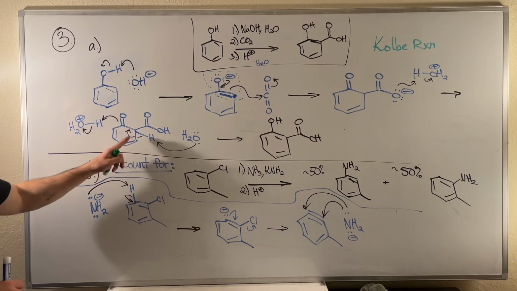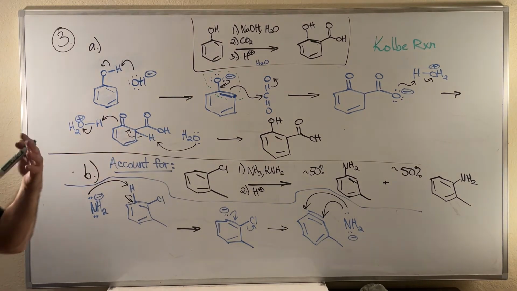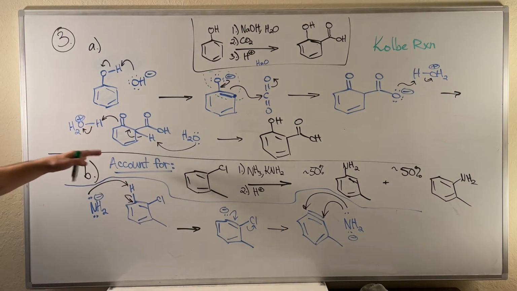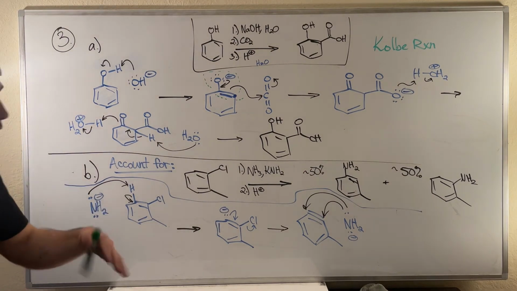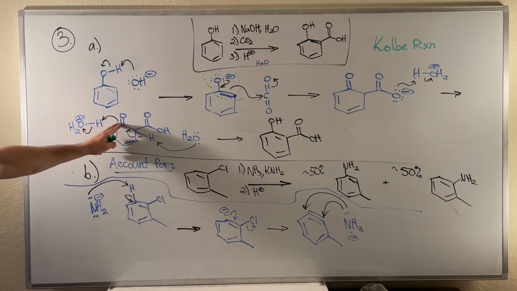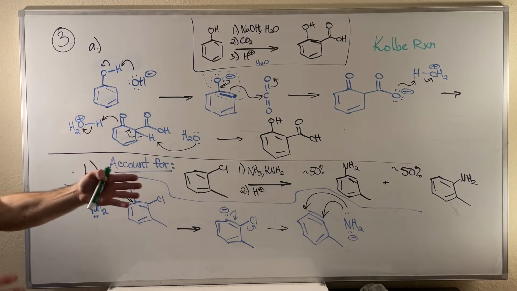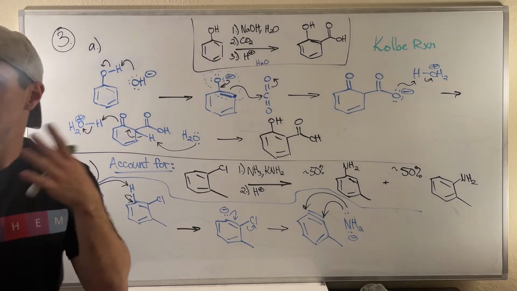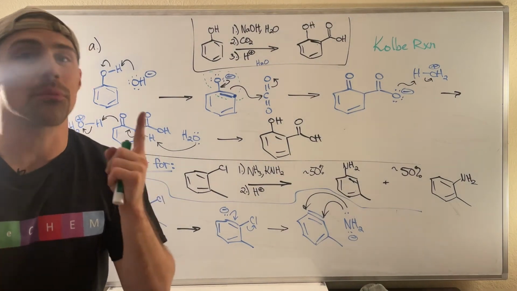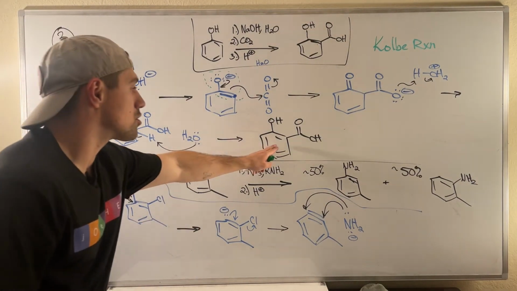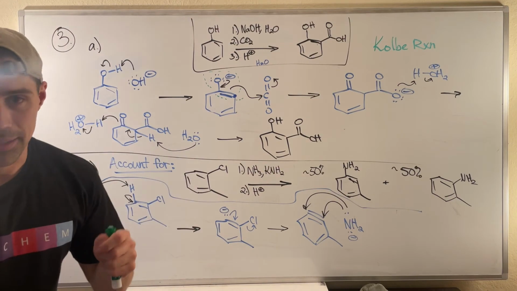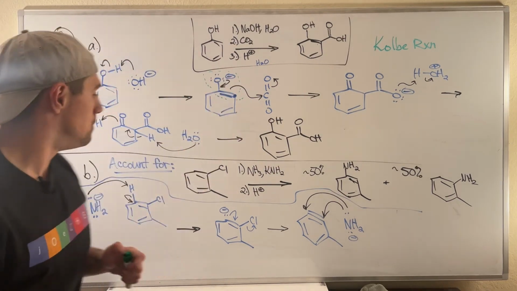We take off the proton, we swing electrons back into the ring, we restore aromaticity, and in a keto-enol tautomerism like step, we also grab a hydrogen here, going from the keto back to the enol form, which is a bit weird. That's the opposite of what we usually do, but remember, it's all in the interest of restoring aromaticity to the ring. So that's how the mechanism goes.